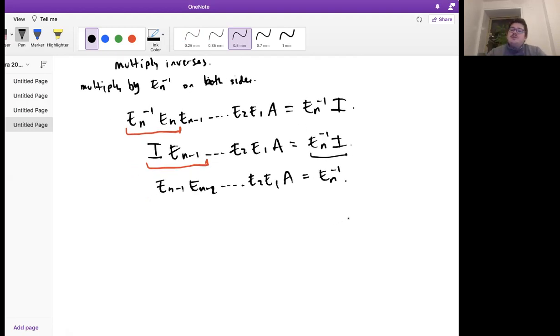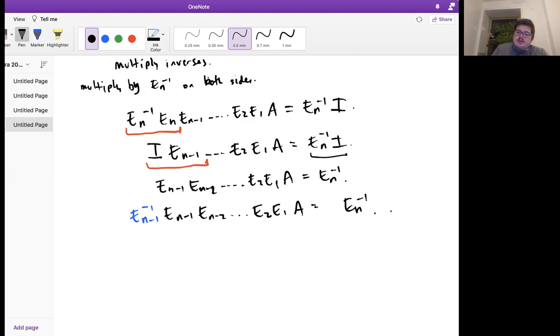Okay, what's the second matrix you multiply by? I'm trying to get to A, so I would multiply by En minus 1 inverse. Now, big question, where do I multiply En minus 1 inverse? Where do I put it?